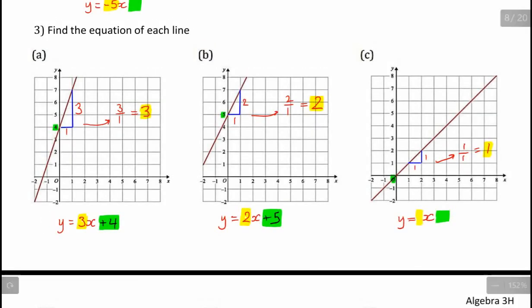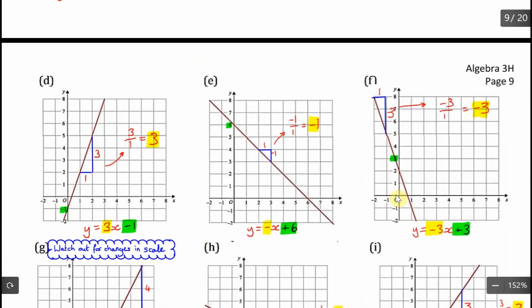Okay, here's the answers for question 3. Note that this last one is just y equals x, because the gradient was 1, so there's no point putting 1x, and it went through the origin, or through (0, 0), so there's no point putting +0 as our y-intercept either, so that's just the graph y equals x, which is a 45-degree line that goes through the origin. And here's the answers to the other questions in that question.